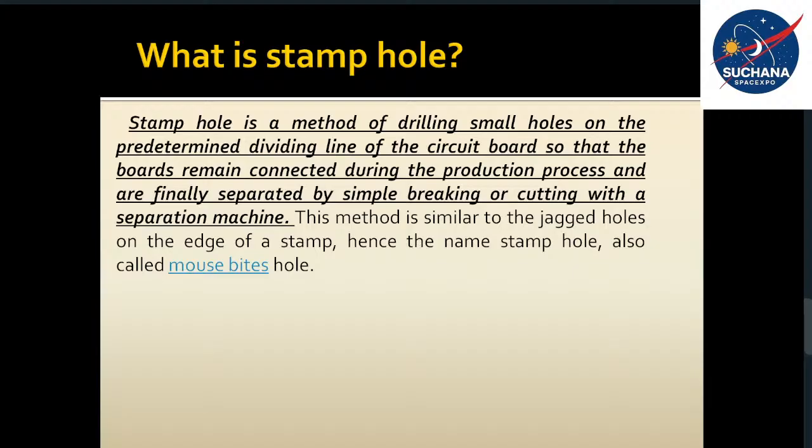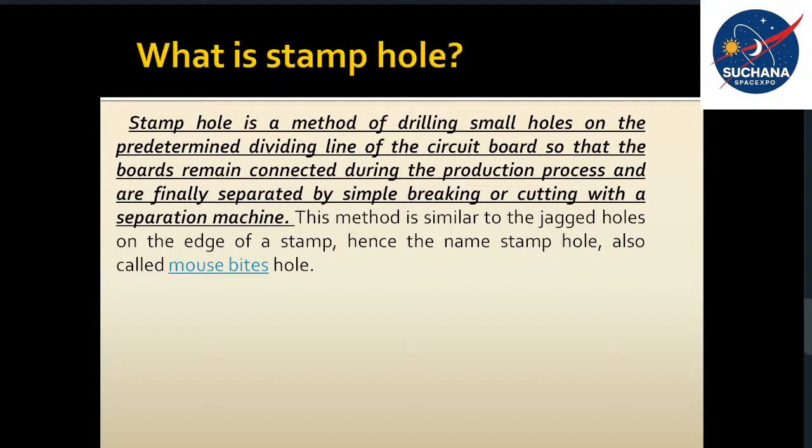There are many things to consider, like how you should align the dividing line, but for now what you need to understand is that there is a predetermined dividing line, and on top of that line you drill some holes. It enables you to separate the PCB easily.